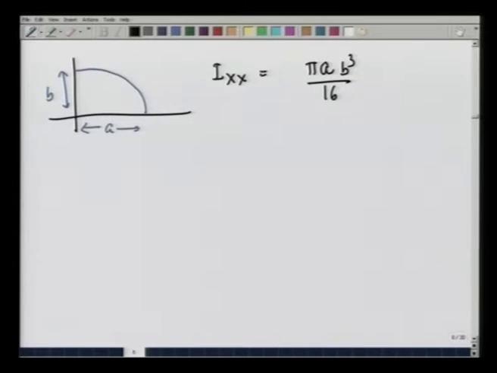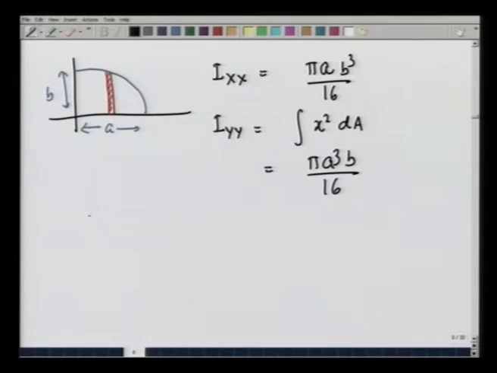Similarly, I can calculate Iyy, which is integral x square dA, where now I am going to choose a strip parallel to the y axis. The integral is very similar to what we just did, and this will come out to be pi a cubed b over 16.